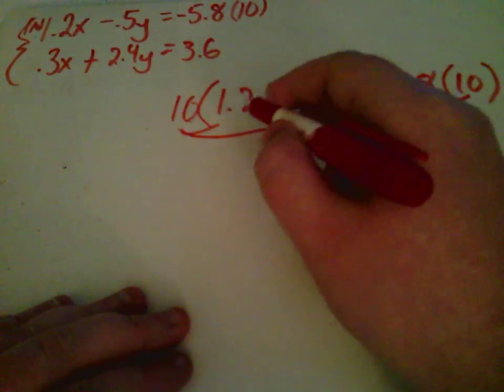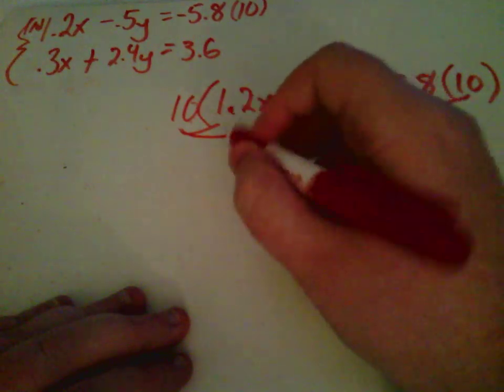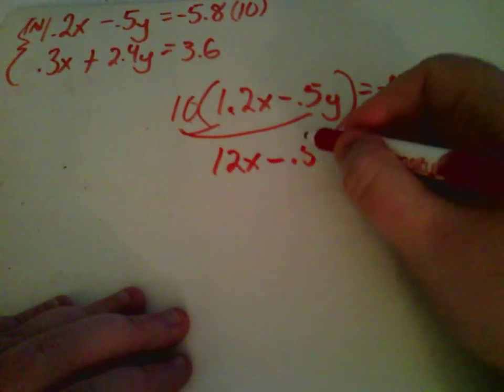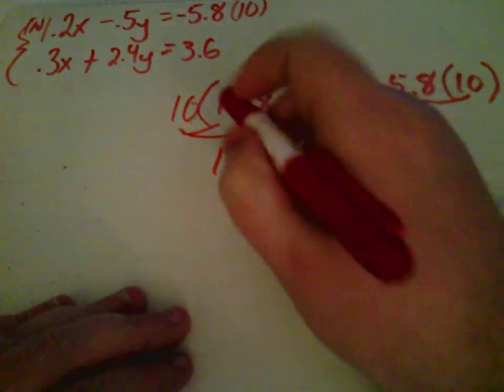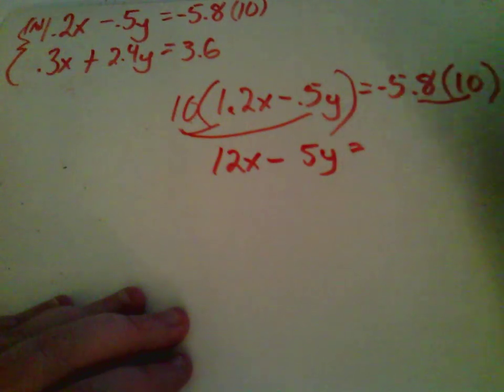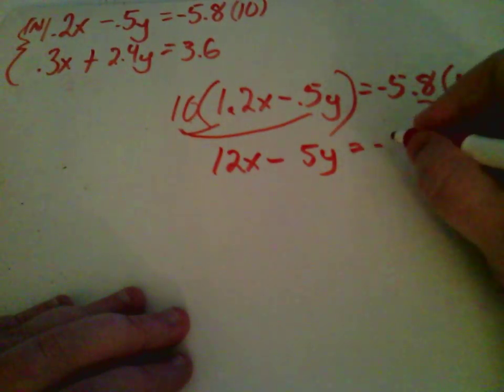Multiplying by 10 just equates to moving the decimal point over one place. This just becomes 12x minus 0.5y. Oh wait, 10 times 0.5 is actually just 5, equals, and 10 times negative 5.8 is negative 58.